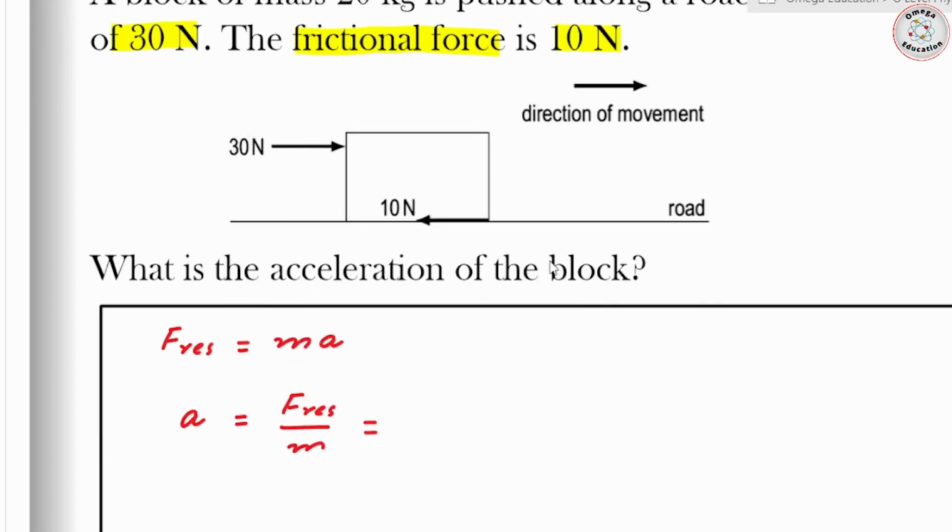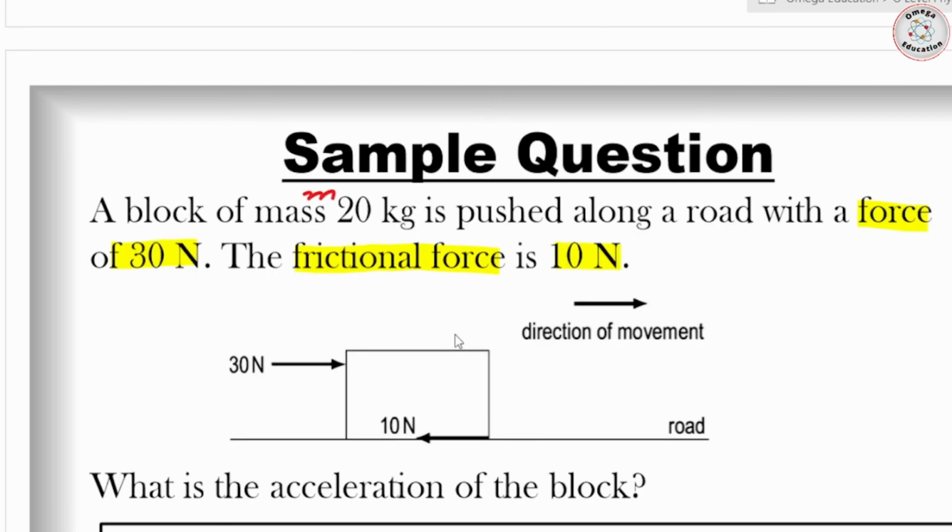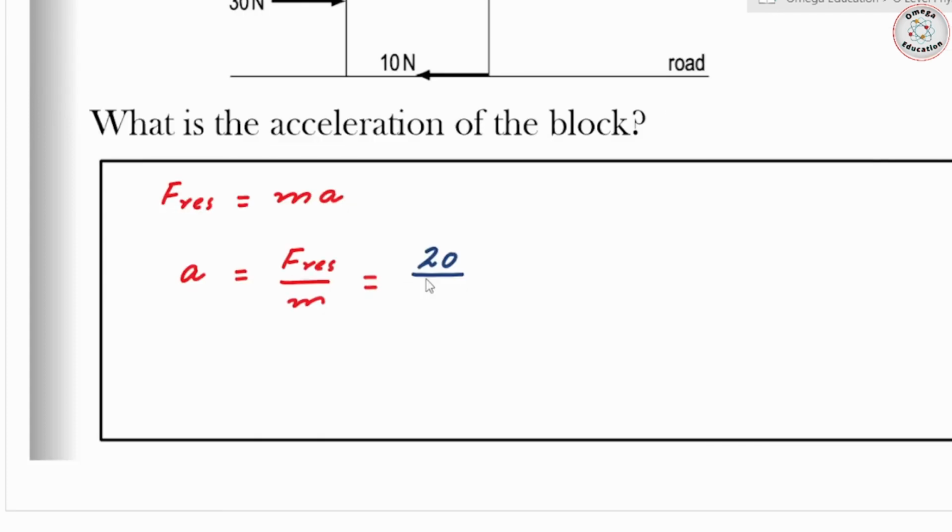So what is the resultant? 30 minus 10, which is 20 Newton. So only 20 Newton is the resultant force divided by the mass. Mass was also 20 kilograms. So 20 divided by 20, and the answer would be 1 meter per second squared, or m s^-2.